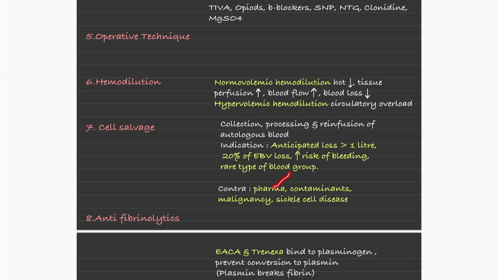Suppose the patient is taking clotting agents, or we are using an irrigating solution such as alcohol or betadine, or the blood is contaminated by methyl methacrylate, which is used in orthopedic surgeries, or biological components such as bone cement, fat or bone, or the patient has any malignancy which is contaminating the blood, or the patient has sickle cell anemia. So in these cases, cell salvage is not used.